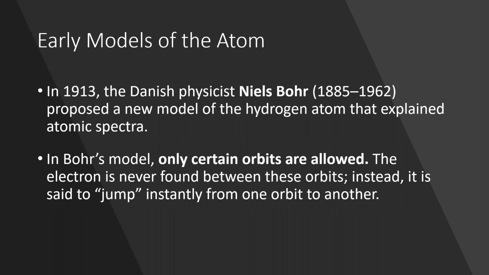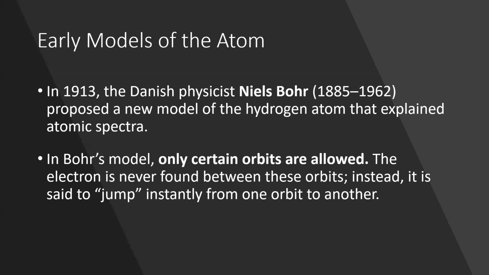And the electron is actually never found between these orbits, like a ladder has different rungs. It would be like you could only put your feet on the rung, right? They would never be in between. But when the electrons change orbits, they quote unquote jump instantaneously from one orbit to another.